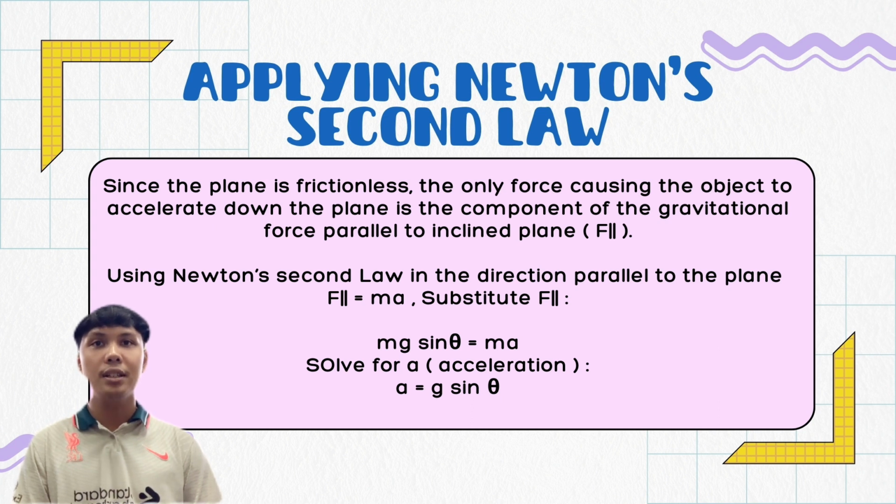Since the plane is frictionless, the only force causing the object to accelerate down the plane is the component of the gravitational force parallel to the inclined plane. Using Newton's second law in the direction parallel to the plane, F parallel equals ma, we substitute F parallel equals mg sin theta equals ma. We solve for a, acceleration, by dividing both sides by m, and we get a equals g sin theta.